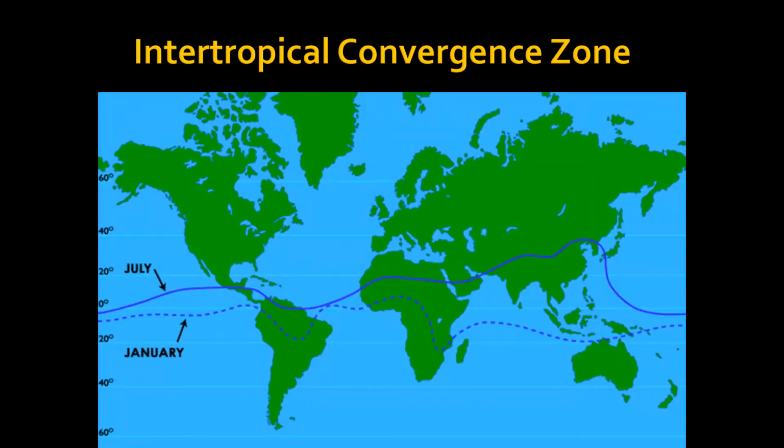And this image actually shows that concept. So if you take a look during our winter months, so January, February, December, the intertropical convergence zone is usually south of the equator.